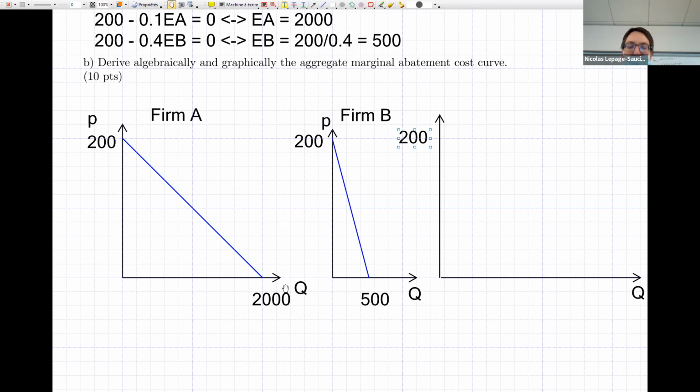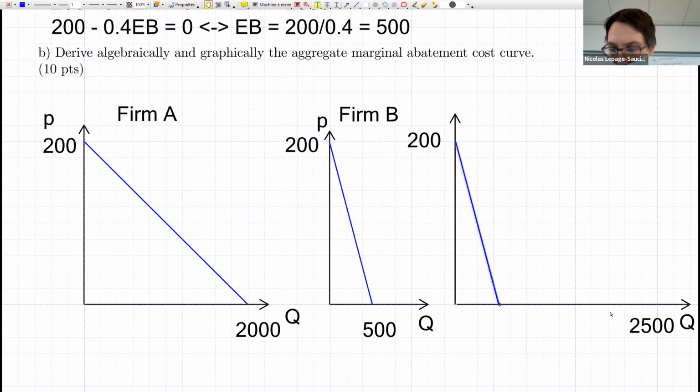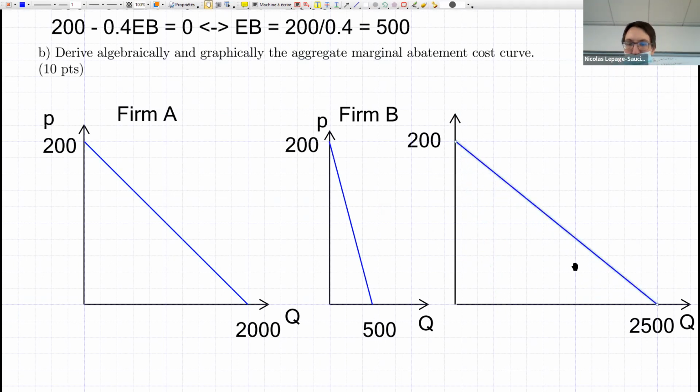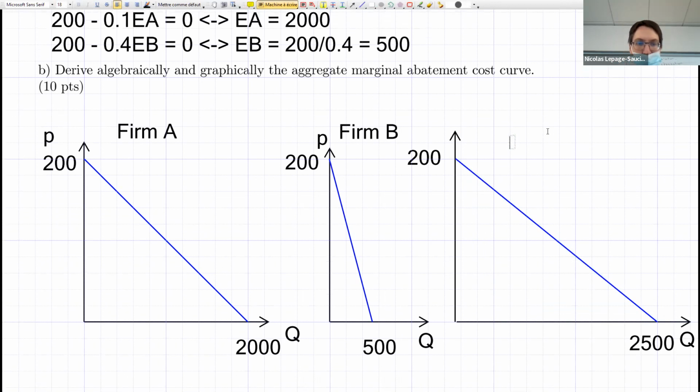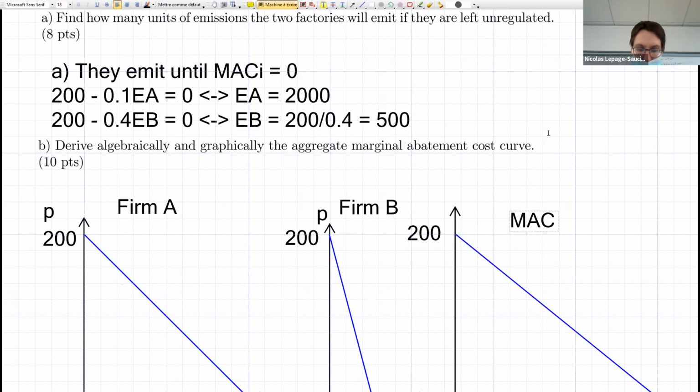Yeah, firm A is going to emit 2,000 and firm B 500. So the total, that would be the MAC.